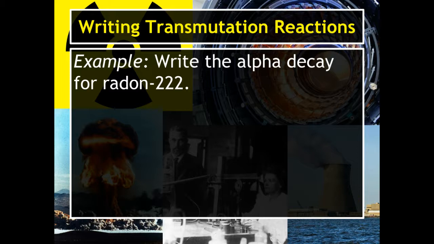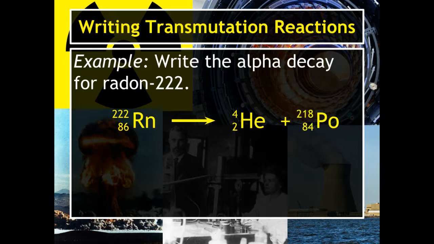Let's look at radon, 222. Here we go. Radon has atomic number of 86. It's also a noble gas, if you didn't know. Alpha decay has got to have helium. So if I add an alpha particle to radon, I would get polonium.